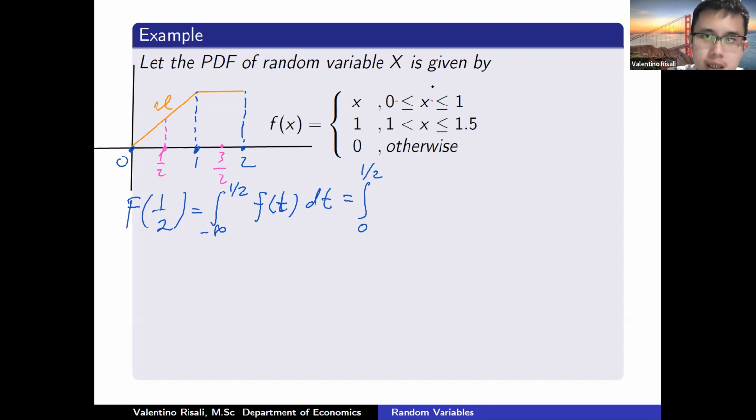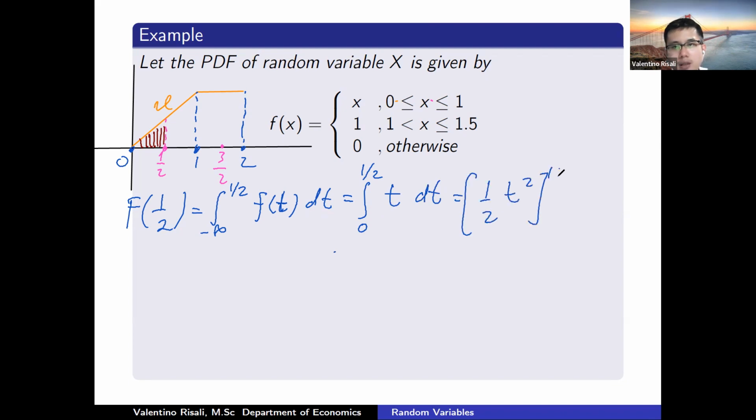Actually, we want to find this area. So we use the function f(t) dt, t, not x. So this integral is equal to a half t square from 0 to a half. That is a half times a quarter, 1/8.